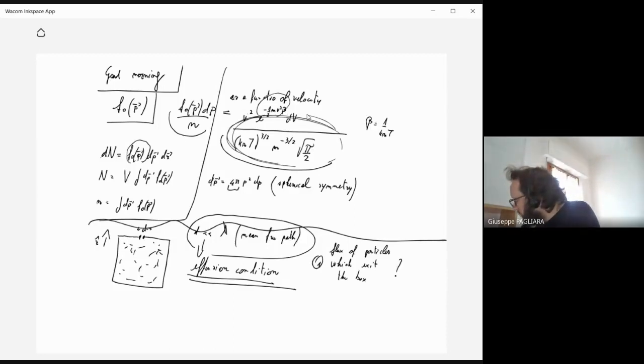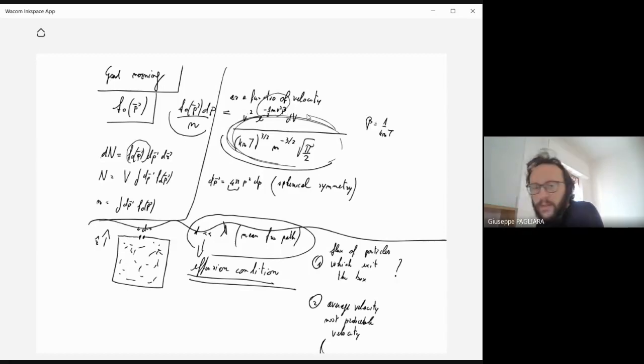The second question is the average velocity and the most probable velocity among the particles that are streaming out.